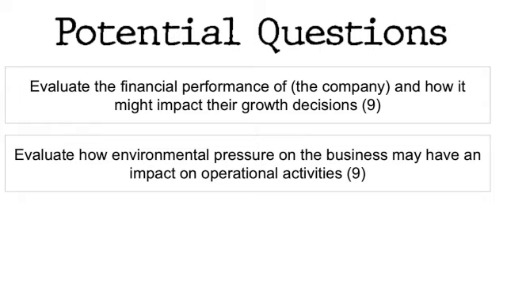The questions on the paper might be very similar to this, or a little more specific on a type of operational activity, so it could be their choice of production process, or it could be to do with their locations. You could delve into it however you like by looking at the spec.